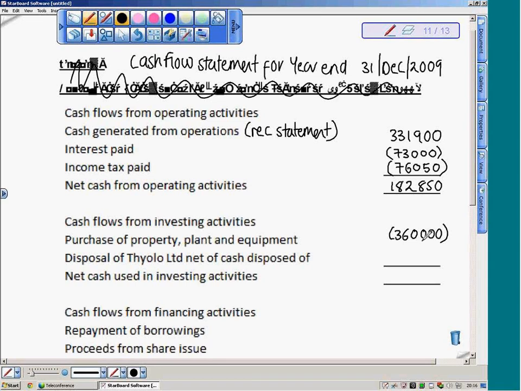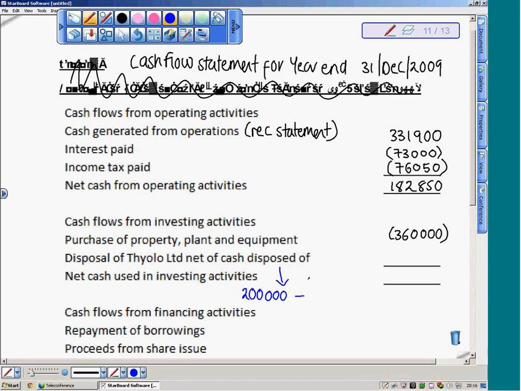You could have potentially plugged that number in straight away. Now, with regard to the disposal of Thylo, all you're doing is taking the net proceeds here. What they do tell us in the question is that they had disposed of a subsidiary receiving 200,000.